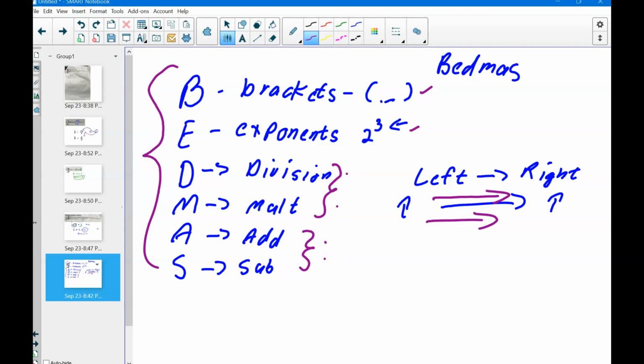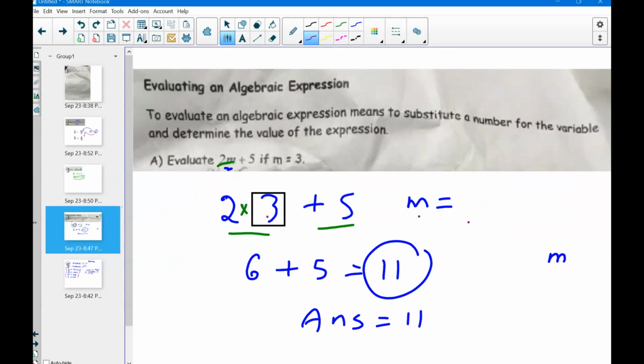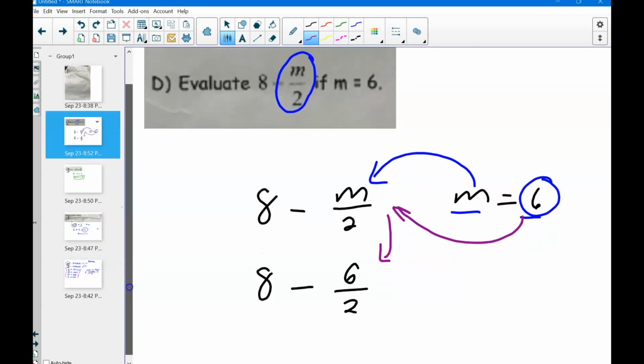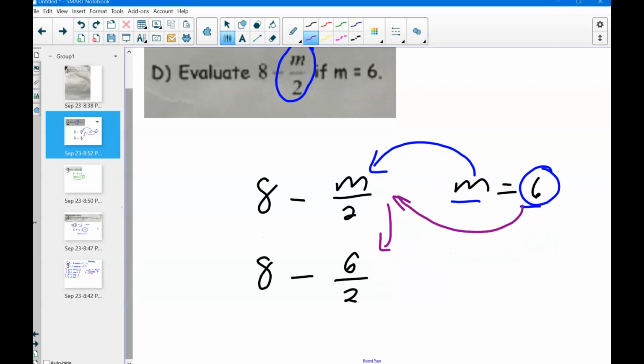So looking back at our question, when I have 6 over 2, this piece right here is actually division, which means it comes first.